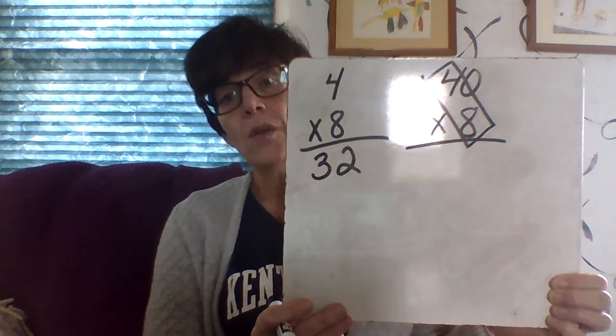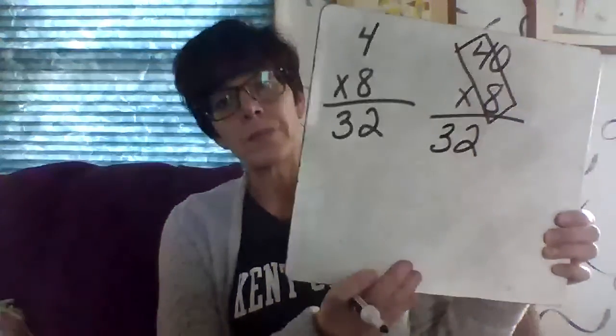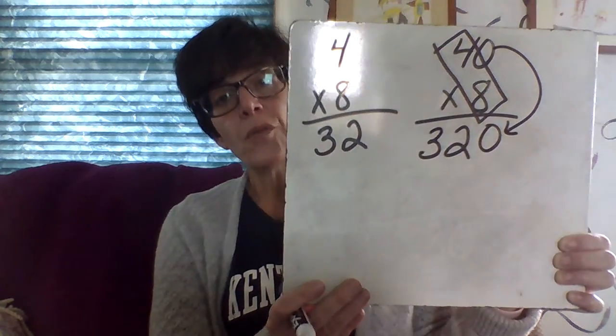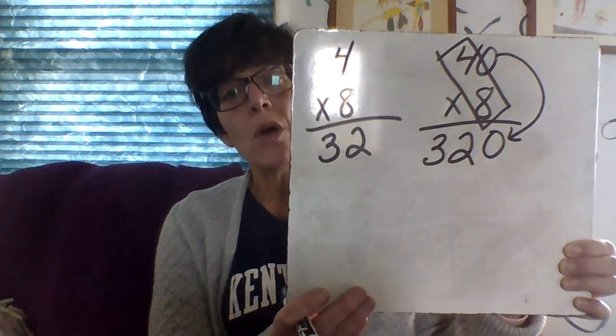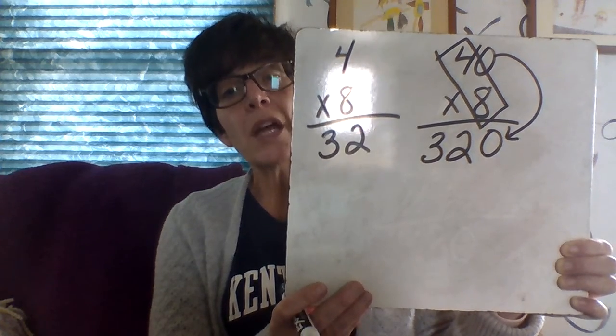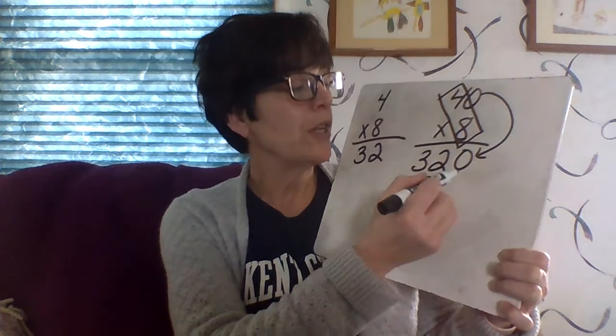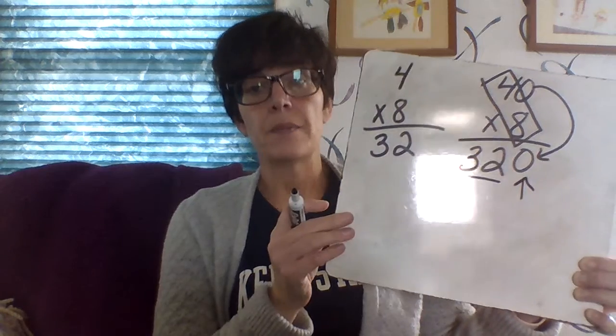I'm first going to look for that small multiplication fact inside the big one. 4 times 8 is 32. And I'm just going to bring my 0 on down, my 0 from the 40. So 40 times 8 is 320, or 32 tens.